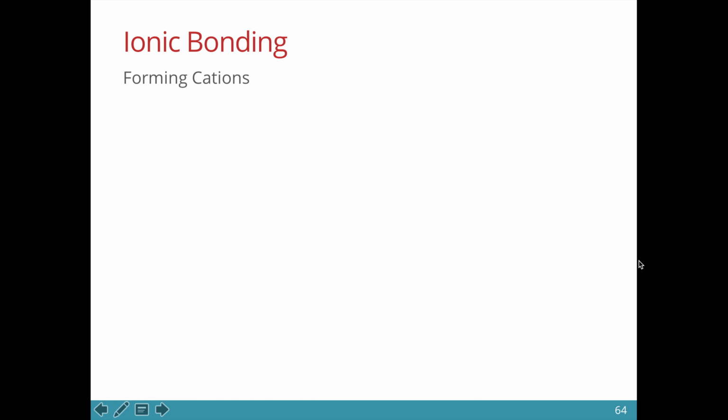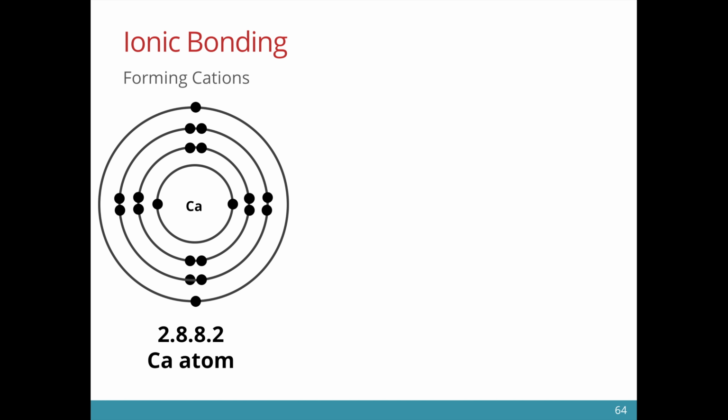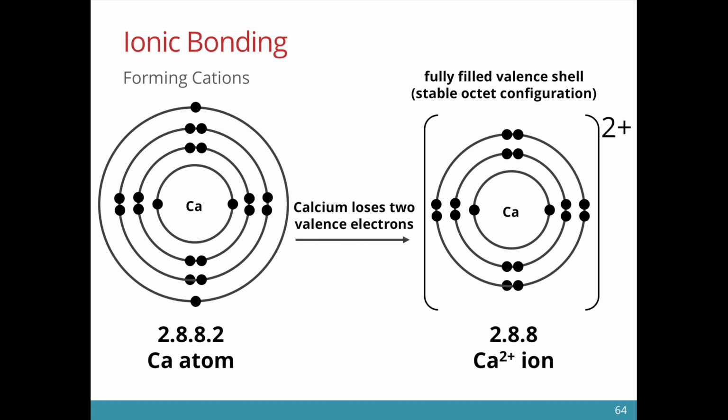Let us look at another example. This is the calcium atom. It has two valence electrons. These two electrons are easily lost to form the calcium ion, which also has the stable noble gas configuration.